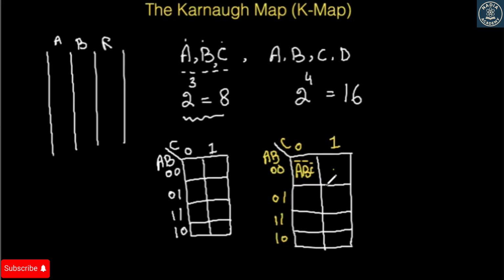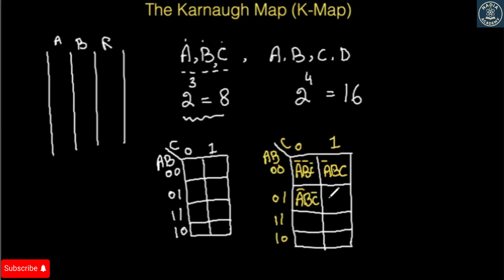In the second cell, we have AB as 0, 0, so it means we have A bar, B bar, and the value of C is 1, so it will be C. Now we have 0, 1 values for A, B. A is 0, so it will be A bar, and B is 1, so it will be B, and C is 0, so C bar.